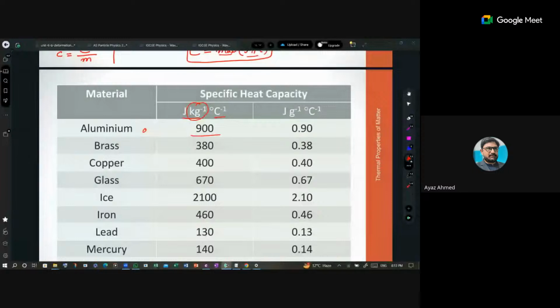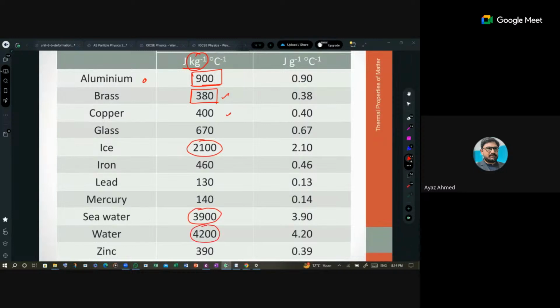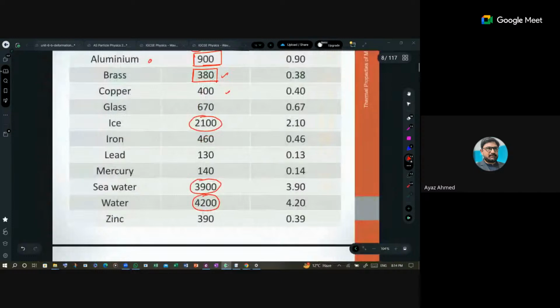It means if I have 1 kg of aluminium and I want to change its temperature by 1 degree centigrade, I need 900 joules. For 1 kg of brass, I need 330, and so on. For ice, I need 2100 joules. For seawater, I need 3900 joules, and for ordinary water, we need 4200 joules of energy, which is a very big amount.